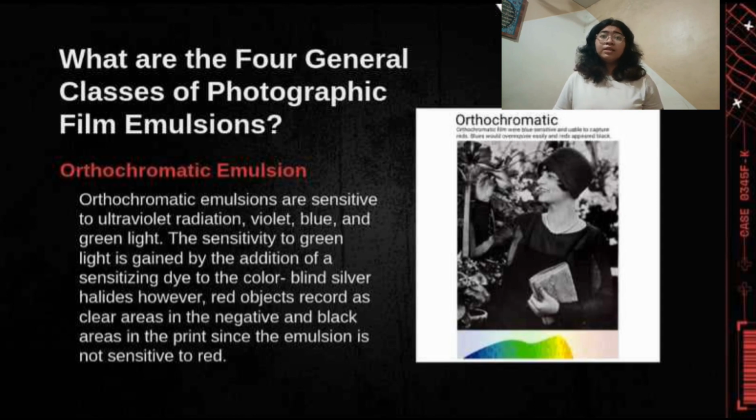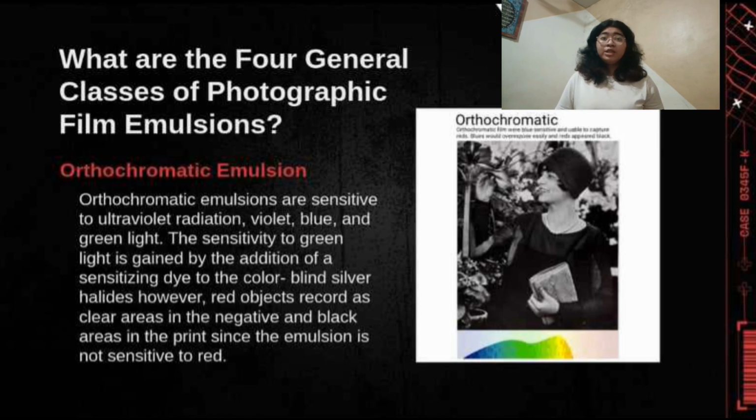This means that objects that appear red in real life will not be captured accurately in photographs taken with orthochromatic emulsion. Instead, red objects will record as clear areas in the negative, appearing white or transparent, and as black areas in the print, appearing dark or black.